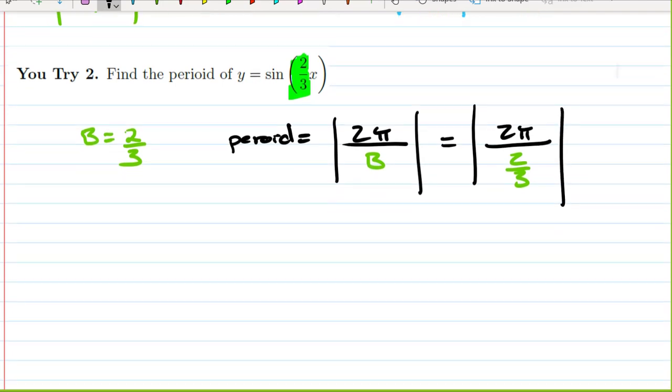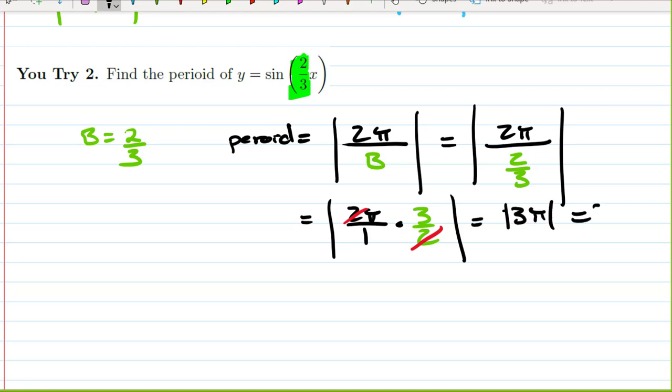If we have a fraction divided by a fraction, we multiply by the reciprocal. So 2 pi over 1 times 3 over 2. Our 2's reduce out, and we get that the period is the absolute value of 3 pi, which is just positive 3 pi. So the period of sine of 2 pi over 3 x is 3 pi.